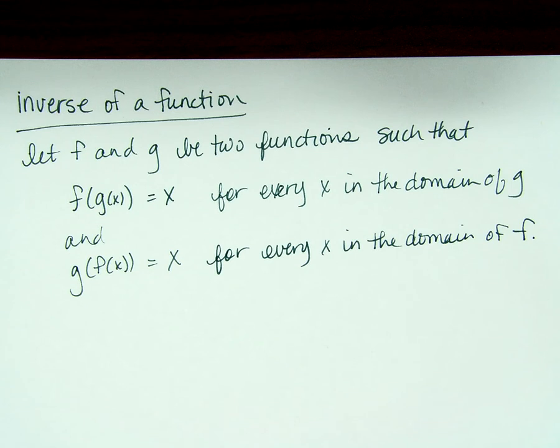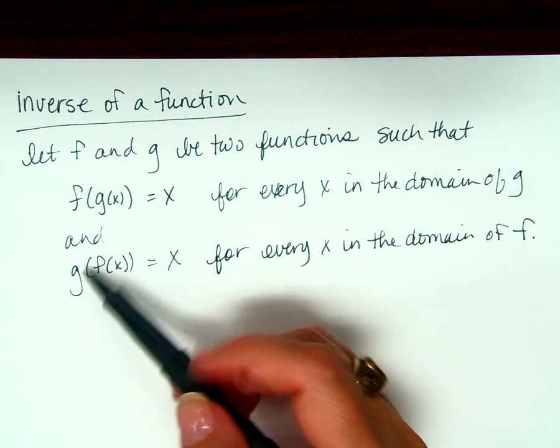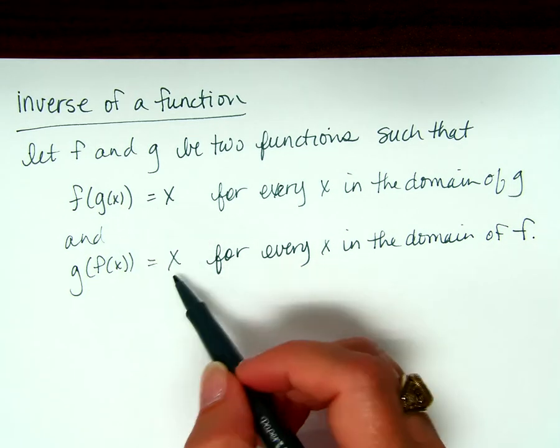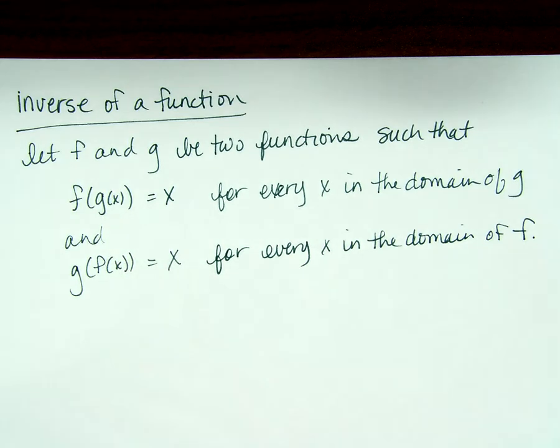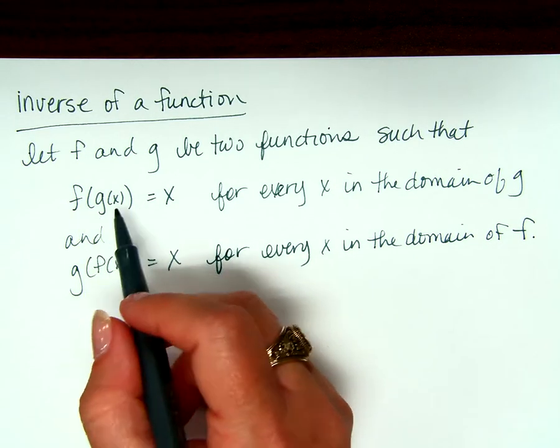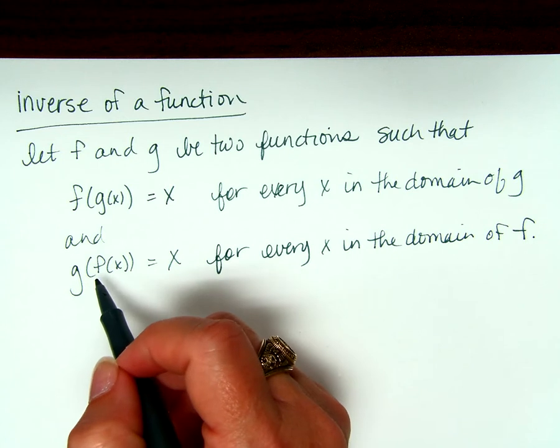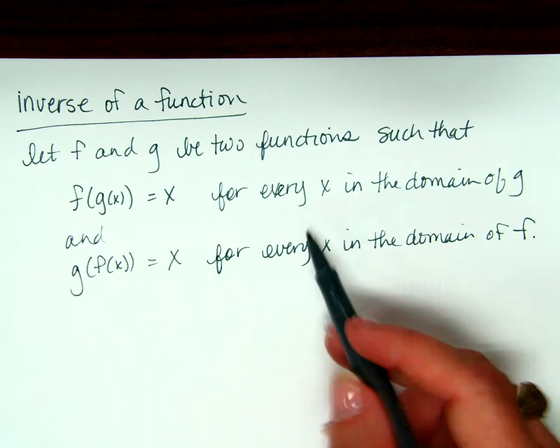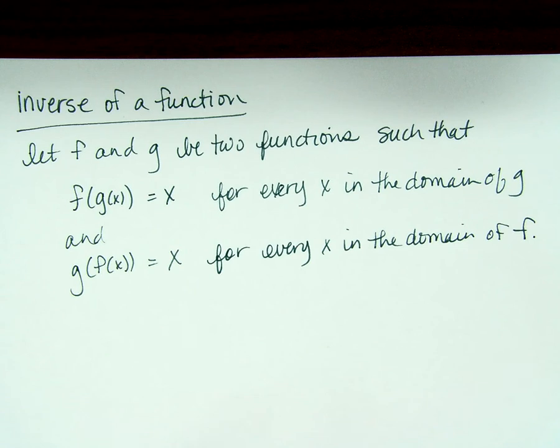So if we do f of g and g of f, and each time we do it we get x, then that's verification that those two functions are inverses of each other. Okay? So we have f of x and g of x. If we take f of g of x, and we take g of f of x, and that's true for every domain in each of the functions, those are going to be inverse functions.